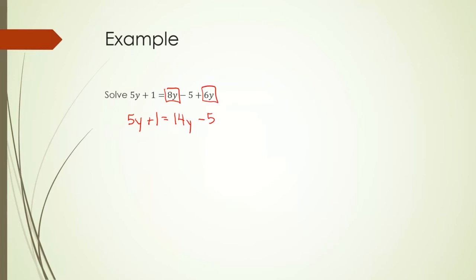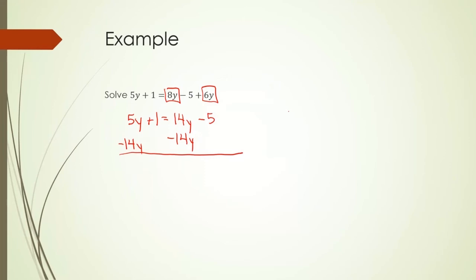You can type your answer in the chat box. Elizabeth, you're saying we're subtracting. That's correct. So we want to subtract because that's a positive number. So I'm going to subtract the 14y from both sides.